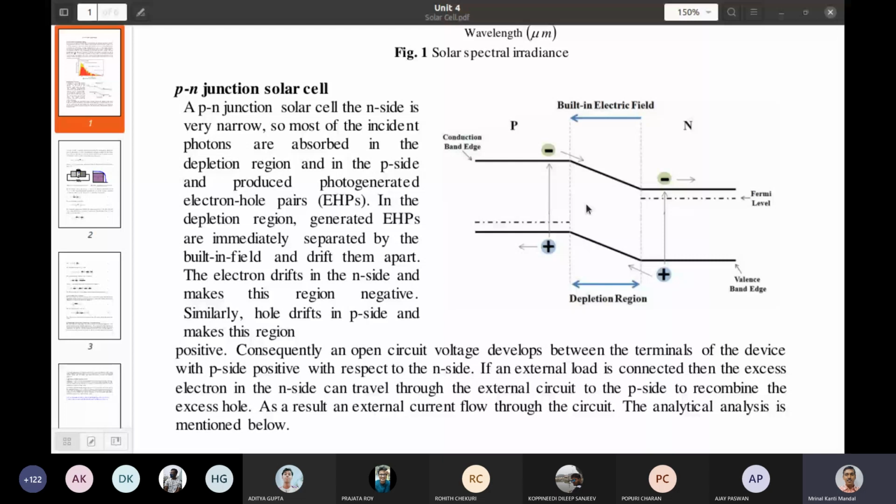Suppose in the solar cell, I will go to the next figure, that will be better.